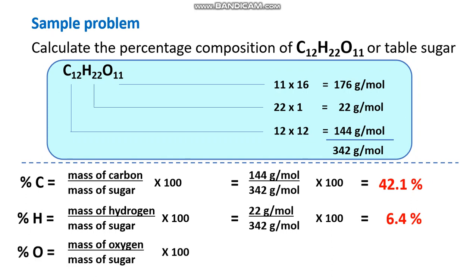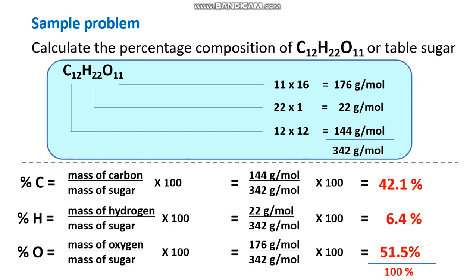And for the oxygen, the mass of oxygen divided by the mass of the sugar multiplied by 100 would give you 51.5%.